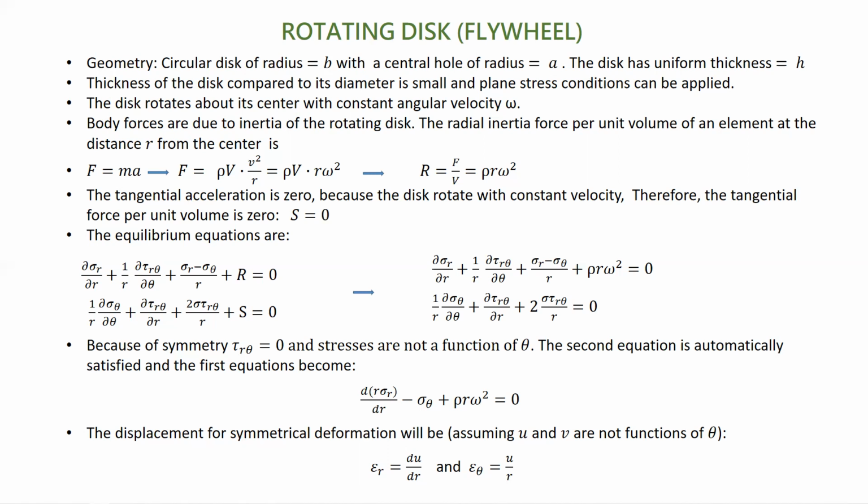So every point would have an acceleration for a rotating disk. One thing you learn from dynamics, which has a velocity, acceleration in a normal direction equal to V squared over R.